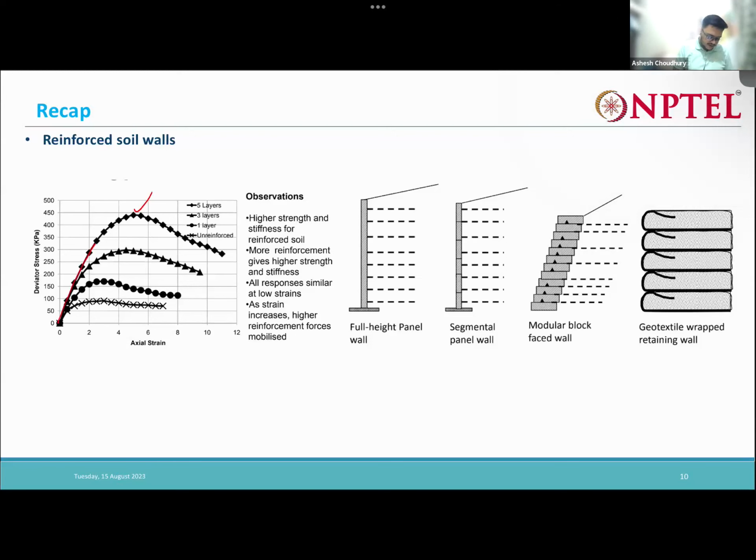We increase the reinforcement, and it becomes stiffer and stronger. Here is the unreinforced, and this is the reinforced with 5 layers. So the more reinforcement, the more strength for the soil.